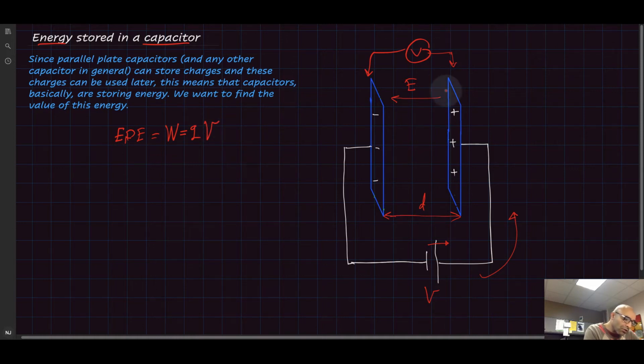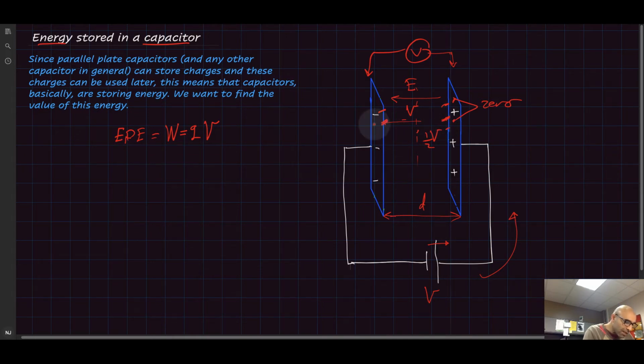If you measure the voltage between this point and this point, you're going to find it's V. If you go halfway, you're going to measure half the voltage difference. If you go on the same plate, the voltage difference between this point and this point will be what? 0. So as you can see, it's a linear relationship. As you go away from one plate to the other, the voltage increases from 0 to full V.